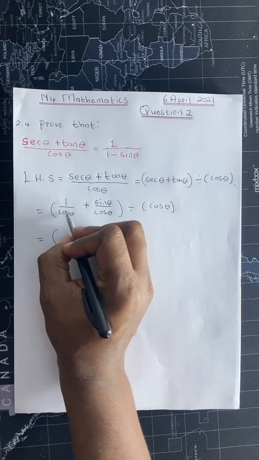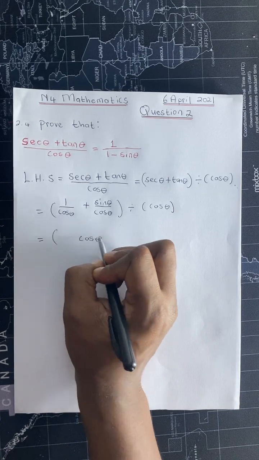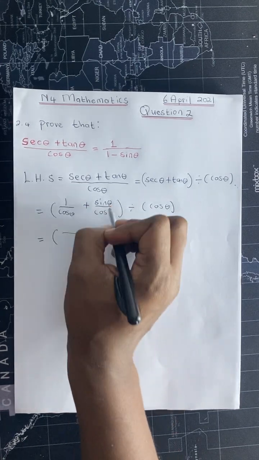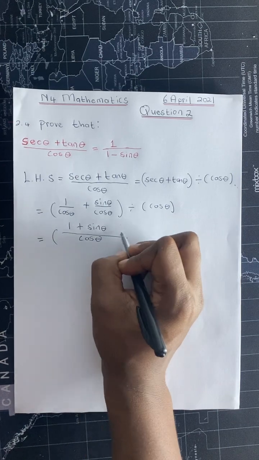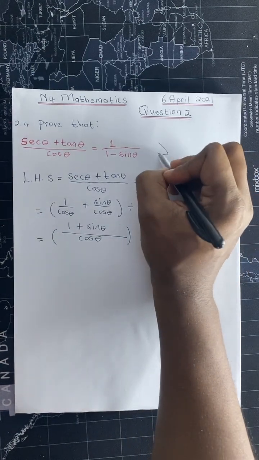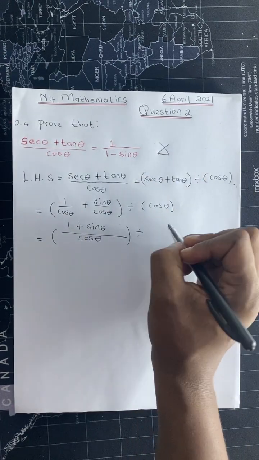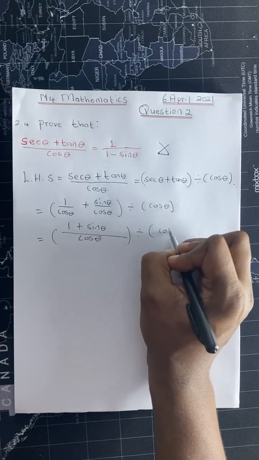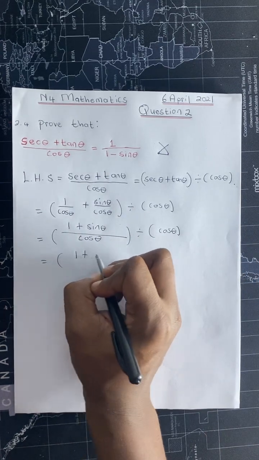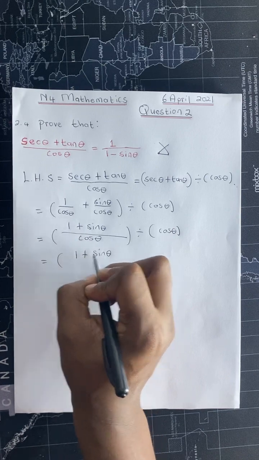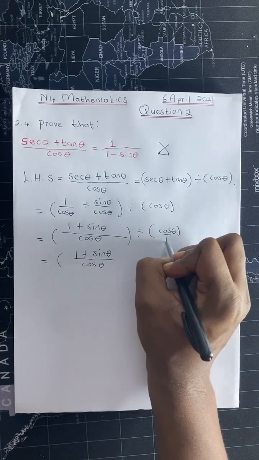So in this case, the denominators are the same, and if the denominators are the same, we add the numerators. Or you can also use that little thing, and from here this is divided by 1.